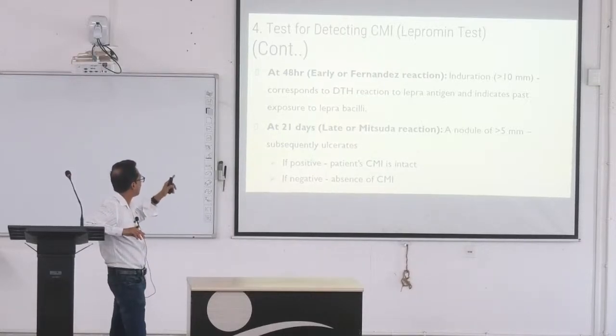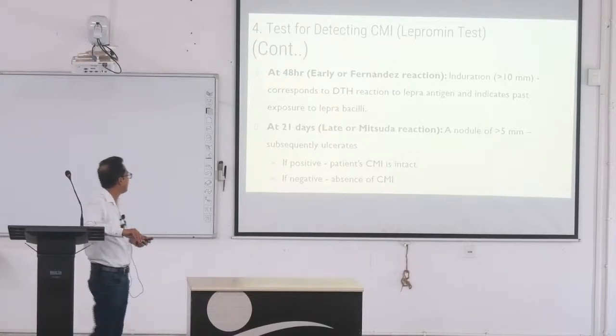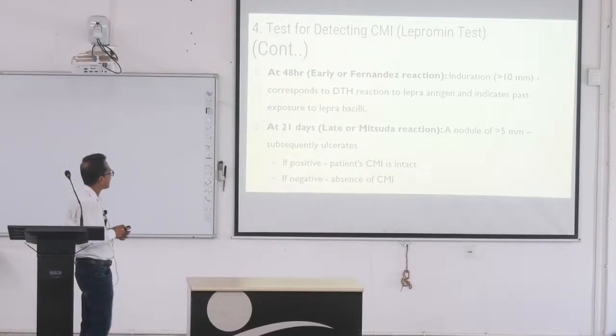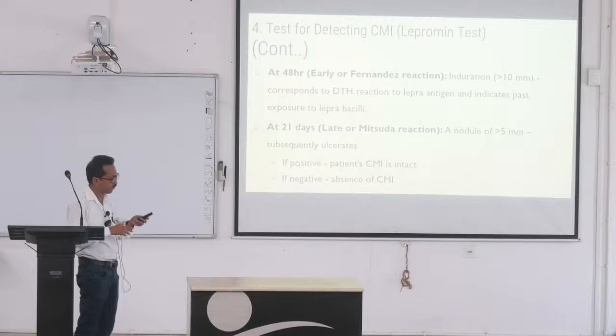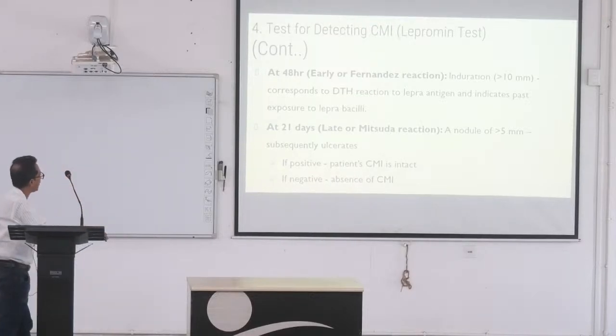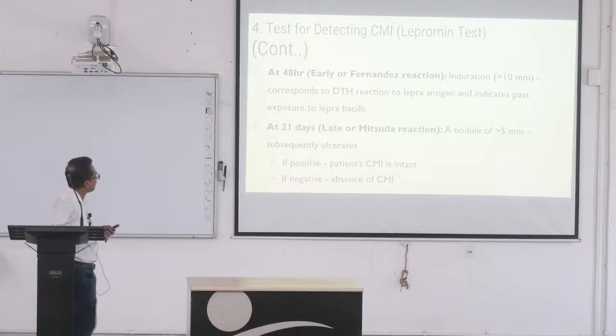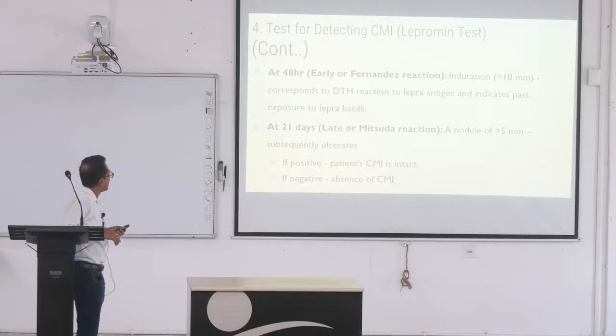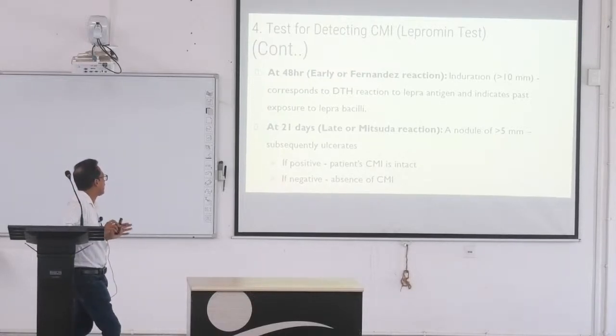So at 48 hours, induration more than 10 millimeter corresponds to delayed type of hypersensitivity. It is a type 4 hypersensitivity. And after 21 days, late or Mitsuda reaction, a nodule of more than 5 millimeter diameter, which subsequently ulcerates.